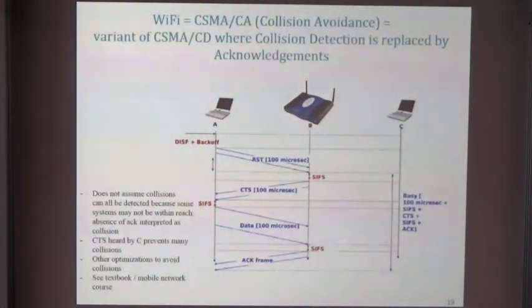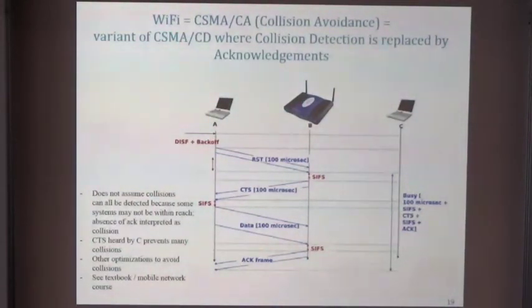So the way the channel is made transitive in Wi-Fi is to send a short preamble to packets called RTS-CTS. In Wi-Fi, before A sends, it sends an RTS, request to send. This is taken from the book, and there's a typo. The RTS is sent, and B, which receives it, acknowledges it with a CTS.